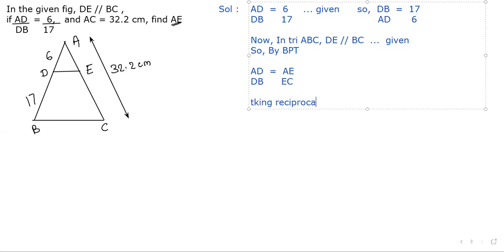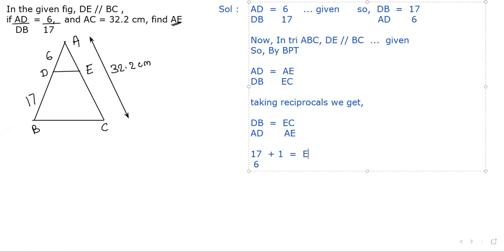Taking reciprocals, we get DB upon AD is equal to EC upon AE. DB upon AD is 17 upon 6 plus 1 is equal to EC upon AE plus 1. 17 plus 6 whole upon 6.